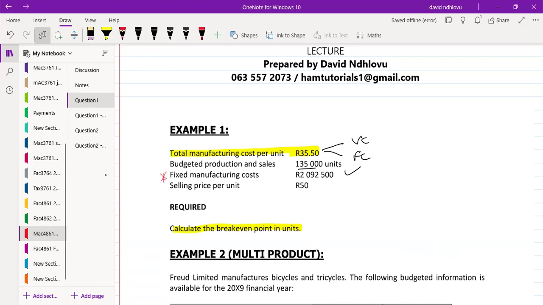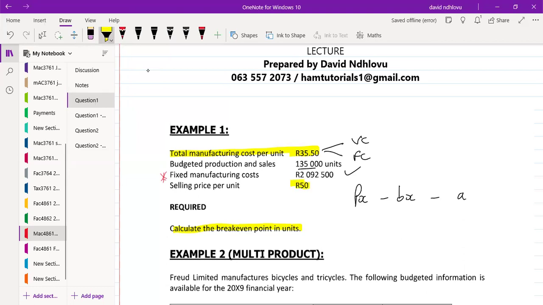The other calculations that may come may be to say what would be the profit if we change the selling price to a certain amount. That one is very easy. We know that profit is equal to PX minus BX minus A. If we are to change the price from what it is now, which is 50, you just apply the new price on the formula and you'll be able to determine the new profit figure.